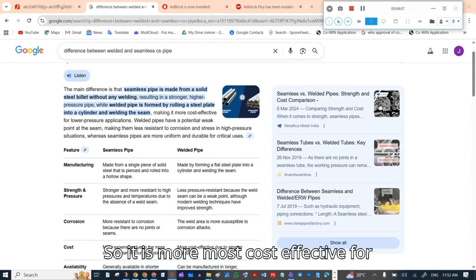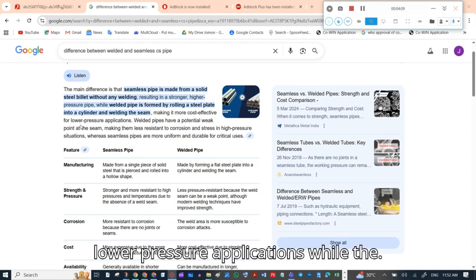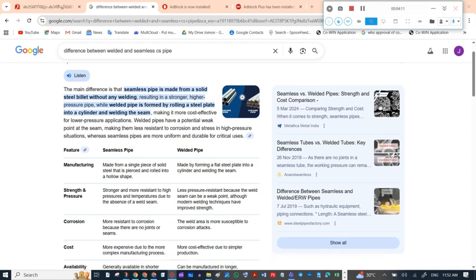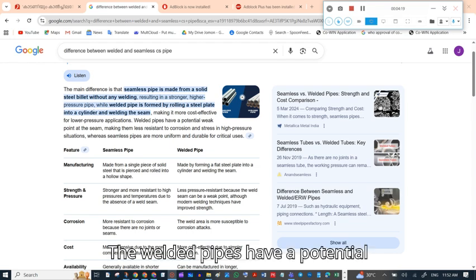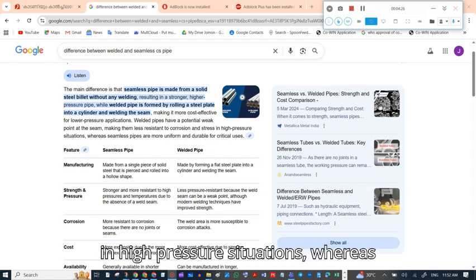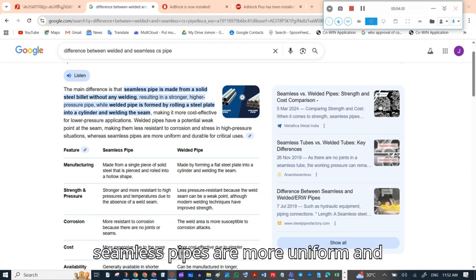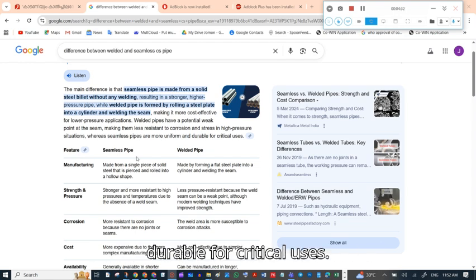Welded pipe is most cost effective for lower pressure applications, while seamless pipe results in a stronger, higher pressure pipe. Welded pipes have a potential weak point at the seam, making them less resistant to corrosion and stress in high pressure situations, whereas seamless pipes are more uniform and durable for critical uses.